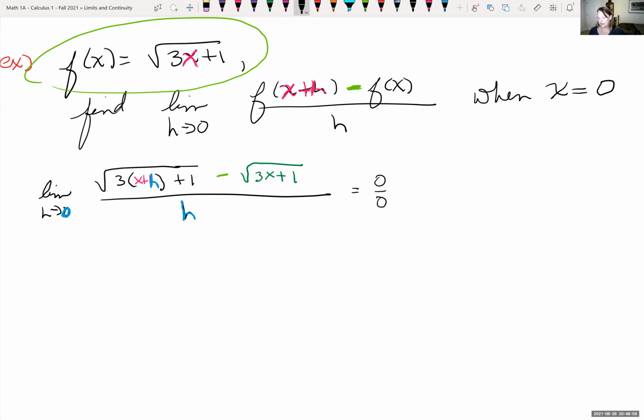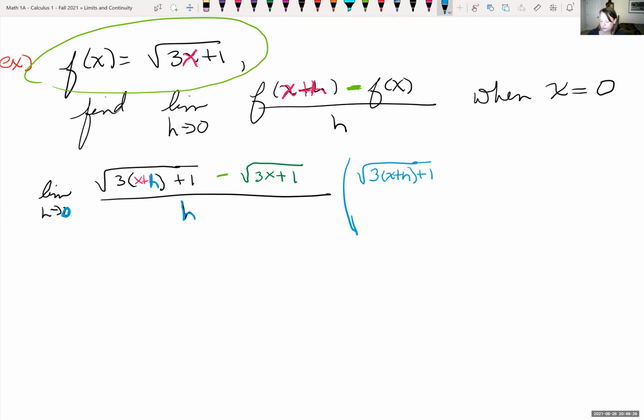And the way that we manipulated it, we saw that if we multiply by the conjugate, that could help us out. So we're going to multiply by a fancy 1, and that fancy 1 is going to be the conjugate of that numerator. So that would be our first radical: 3 times the quantity x plus h plus 1 underneath that radical.